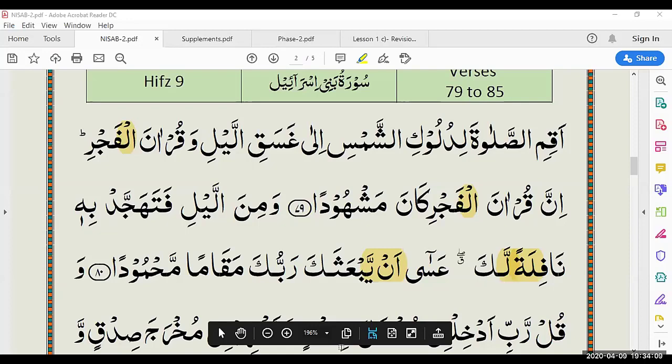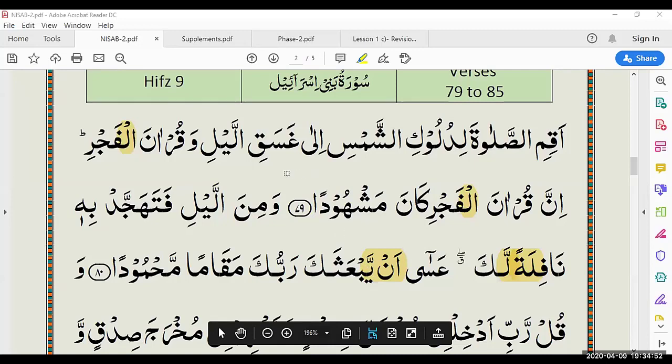No problem. If we have idgham kamil, which means complete assimilation, and we have a tanween or noon appearing before lam mushaddad or ra mushaddad, then we don't do the ghunna sound. Here we have lam mushaddad. And when we have the partial assimilation, which is idgham naqis, then we have ya mushaddad and wa mushaddad. If the noon sakin or the meem appears before wa mushaddad or ya mushaddad, then it's idgham naqis.